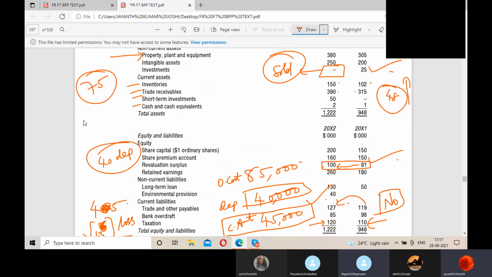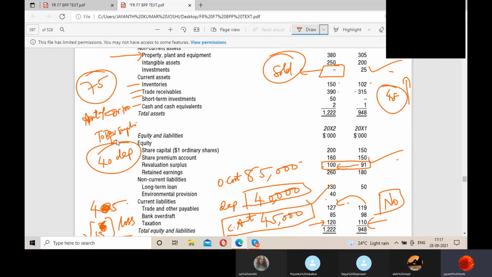So what will be your entry? The entry would be: asset account debit, and to revaluation surplus, correct? Yes, sir.